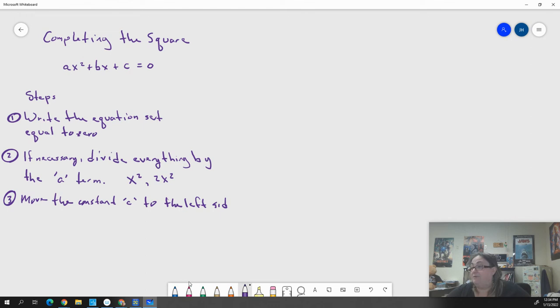My left and rights are all mixed up today. You would think I would be better at that because I'm left-handed, and the left would be the side I was writing on. To the right side of the equal sign.